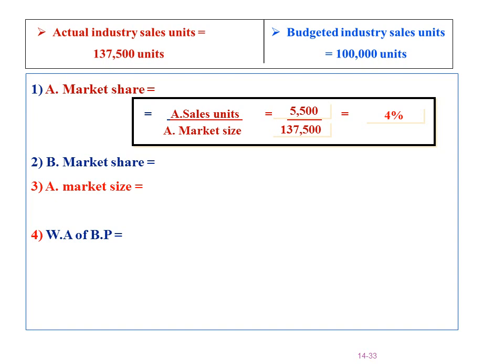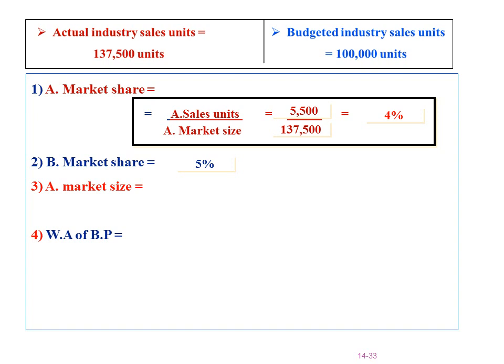Again, 4%. What about budget market share? If I don't have the budget market share, I have to calculate it by the same equation, but instead of actual sales, I will say budget sales divided by budget market size. But in the previous variance, the market size variance, we calculated the percentage here.